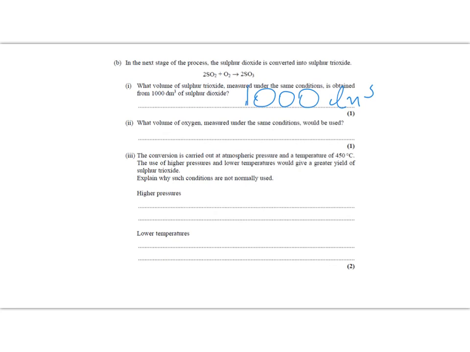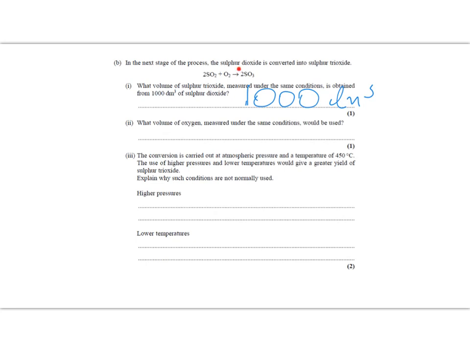and that's because you've got an equal ratio of sulfur dioxide to sulfur trioxide, so it's 2 to 2. Now you couldn't do this with masses, but because every single gas occupies the same volume if you have an equal number of moles of each gas, you can just use a simple conversion of 1,000 to 1,000.